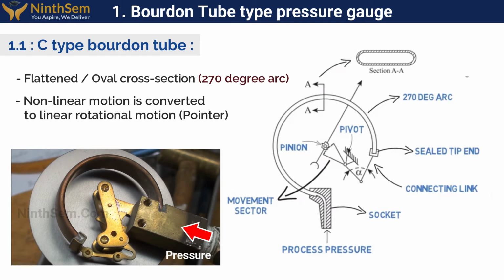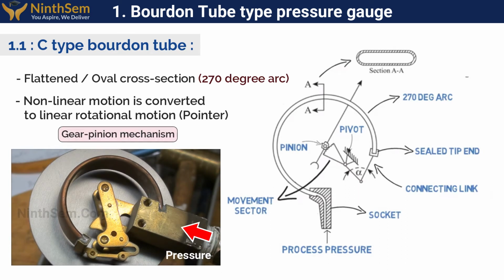When the pressure is applied, the C-type Bourdon tube tries to straighten, and there is a gear and pinion mechanism pivoted on a spindle, as you can see in the figure. That pivoted spindle is attached to a connecting link that is adjustable. This connecting link is attached to the sealed tip end.